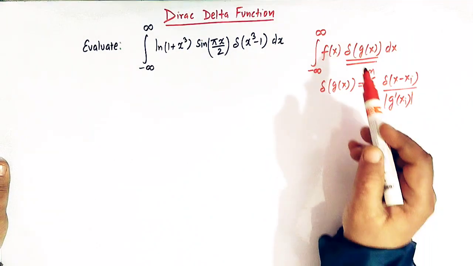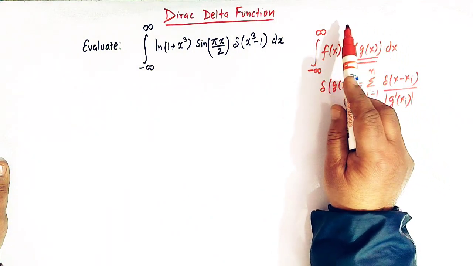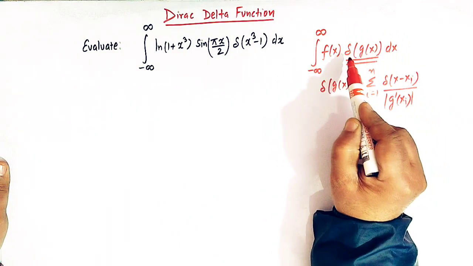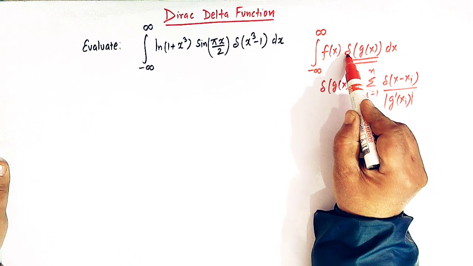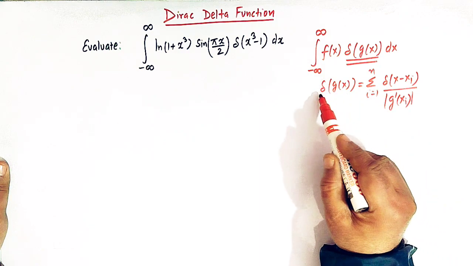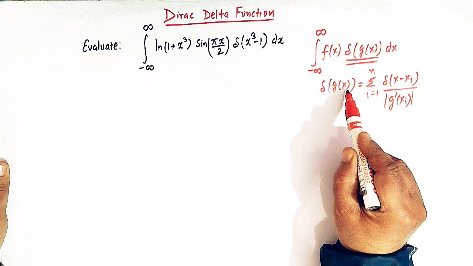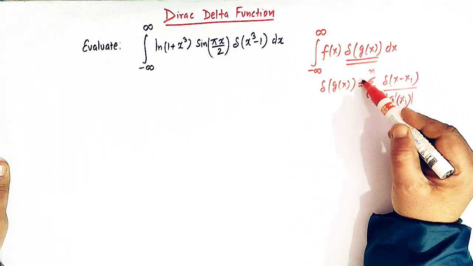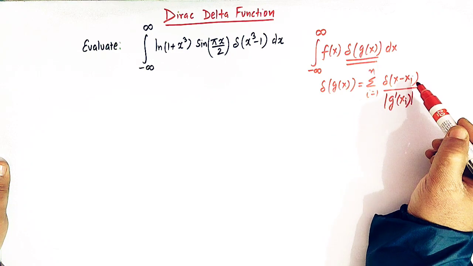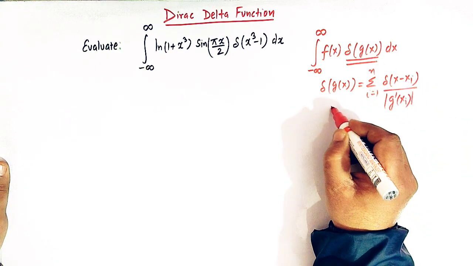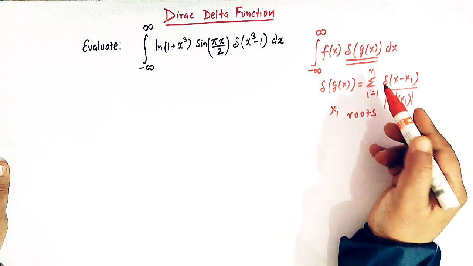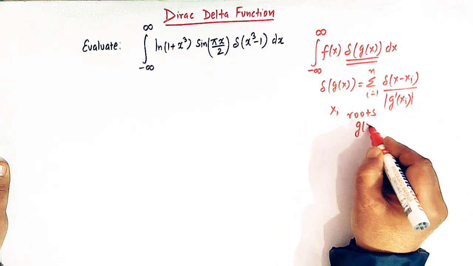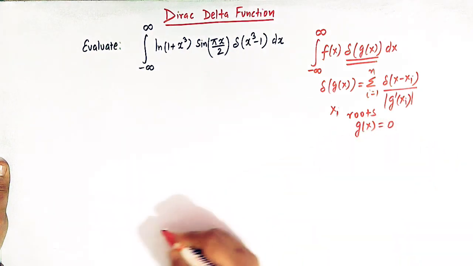Whenever we have to evaluate an integral with a function inside the Dirac delta, delta of g of x is given by this formula, and here the xi's are the roots of the equation g of x is equal to 0.